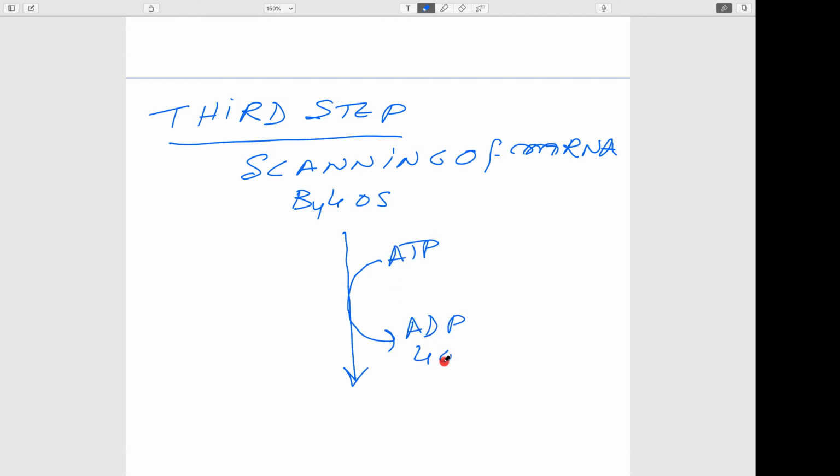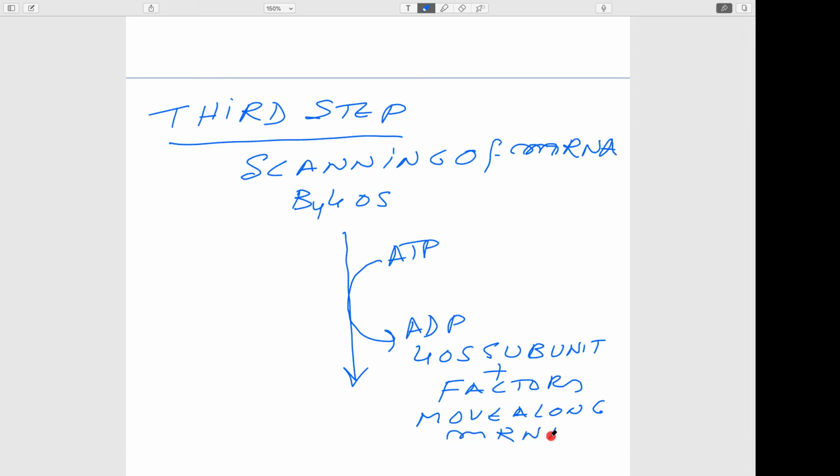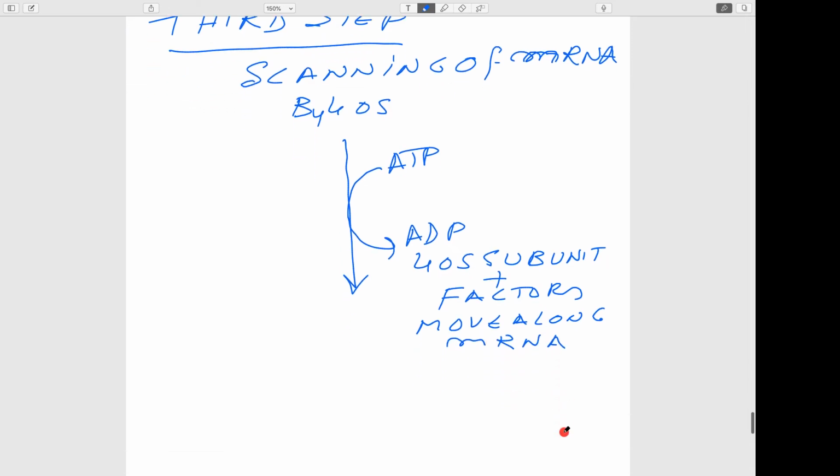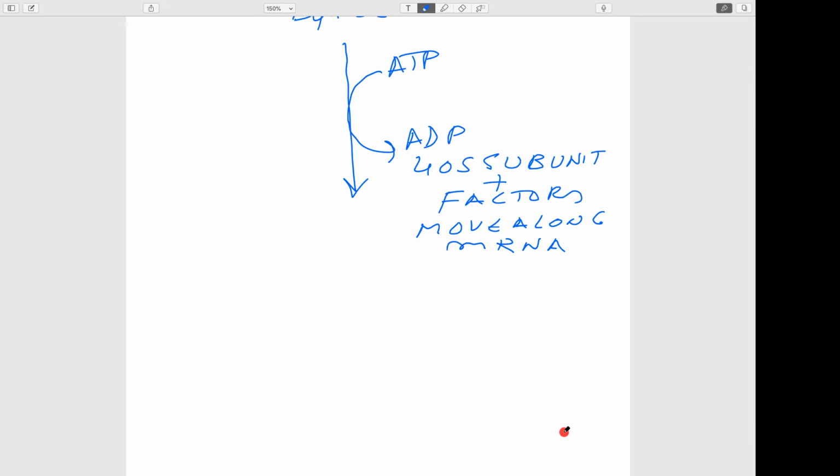The 40S subunit plus factors move along messenger RNA to find out that initiator codon, that is AUG.